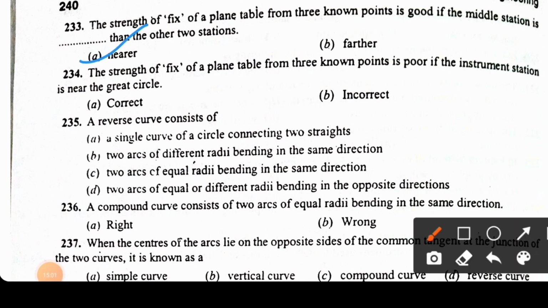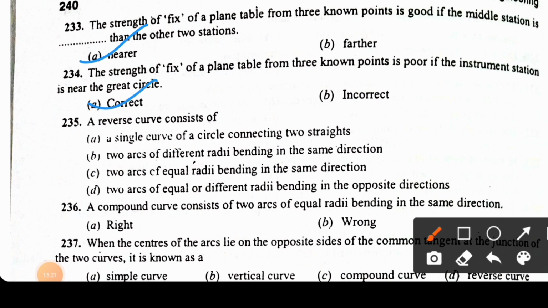The strength of a plane table from 3 known points is poor if the instrument station is nearer the great circle, it is correct.